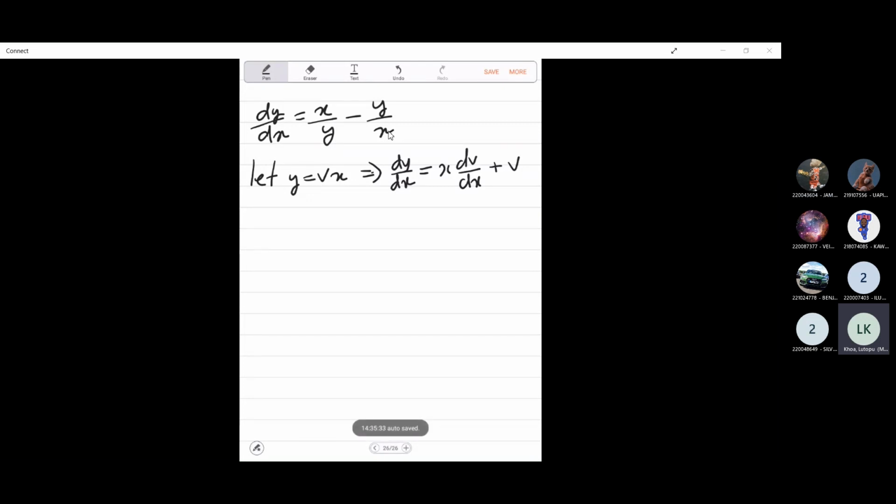So we have x dv dx plus v, then this is 1 over v minus v. And always after you have made this transformation, what you get will be separable in terms of x and v.